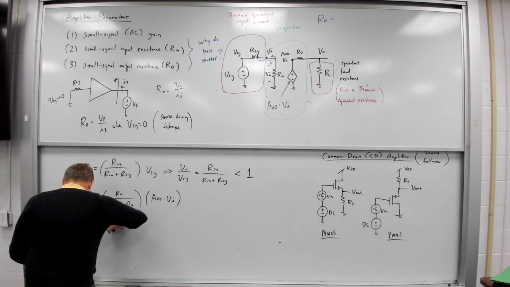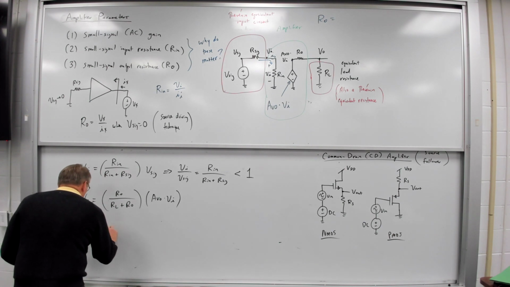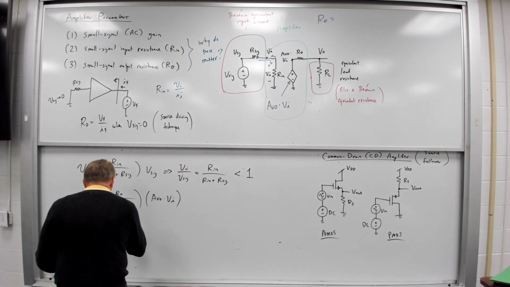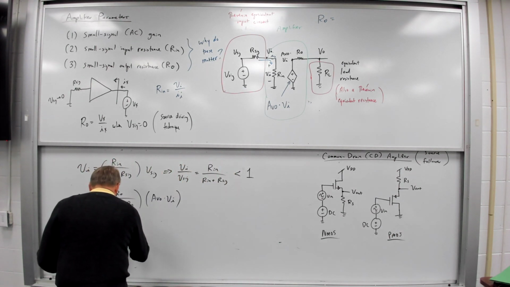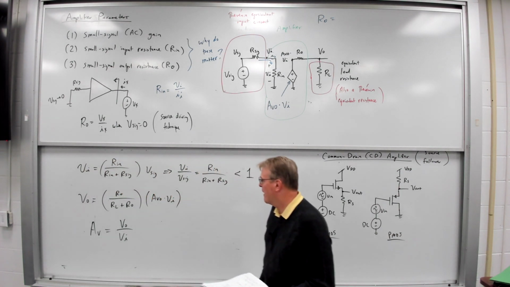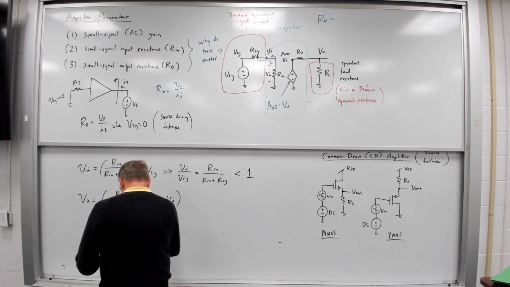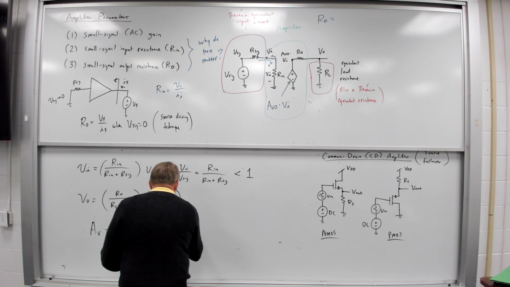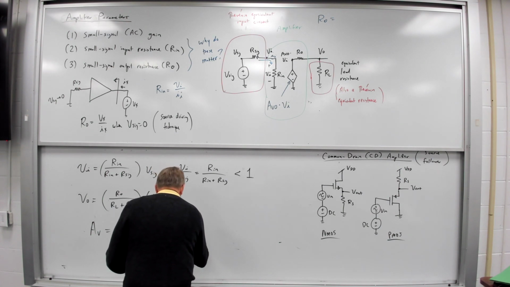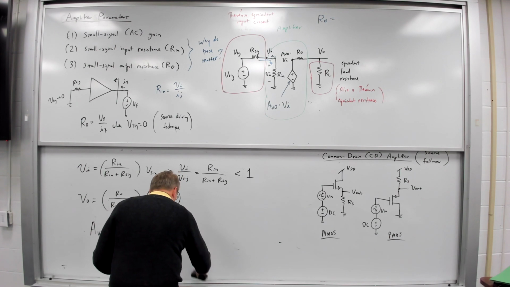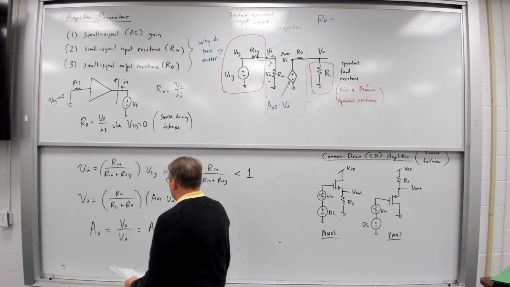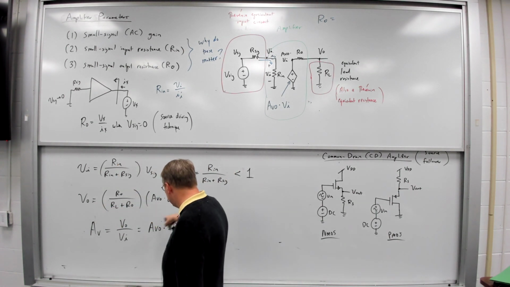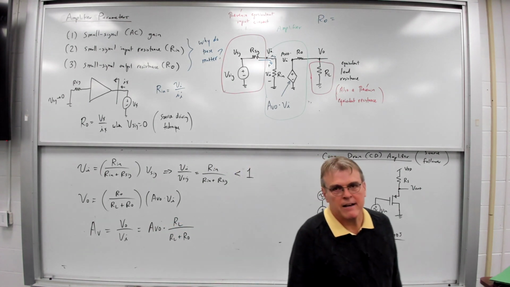Also, I'm going to define the following. A_V, which is the voltage gain of this amplifier, is going to be equal to V_O over V_i, which in this case will therefore be equal to A_VO times R_L over R_L plus R_O. So once again, I'm just taking V_i, dividing it out. What I've got left is here, and we're calling that A_V for our amplifier.